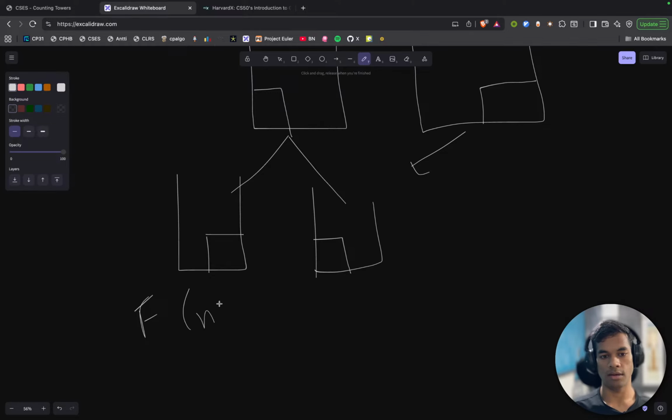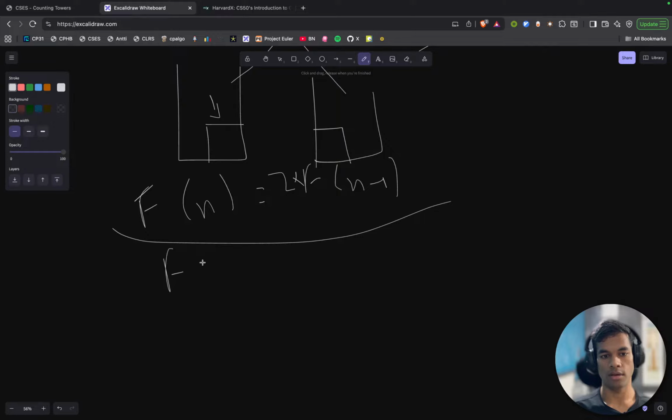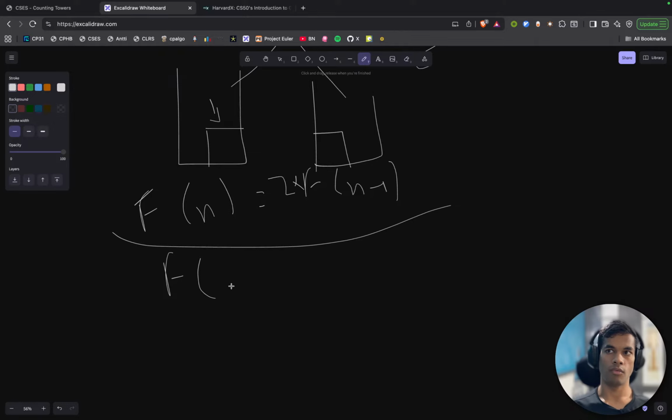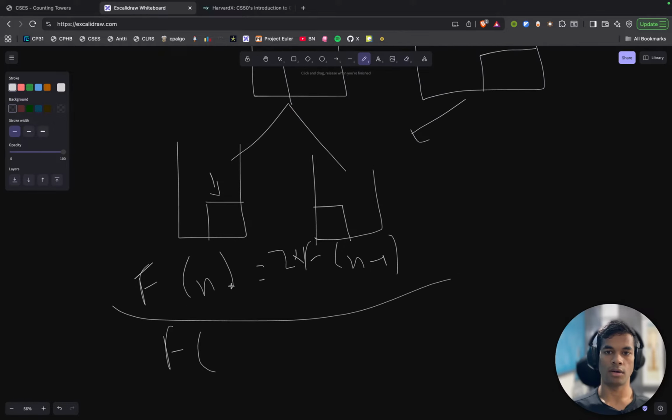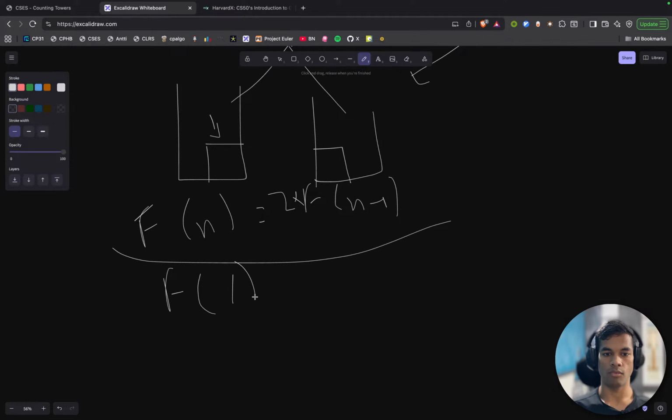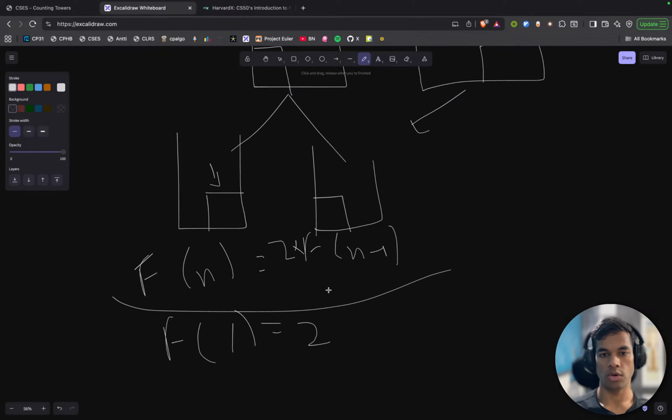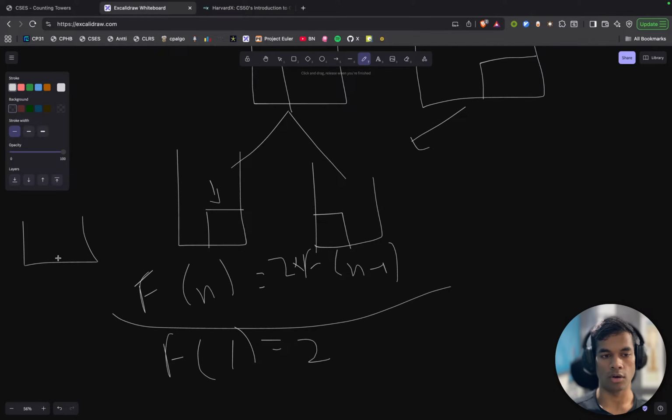So f(n), if we are only considering these choices, would be f(n minus 1) into 2, and the base condition would be f(1) equal to 2, because when we are at the top, we cannot make this choice or this choice, both of them.